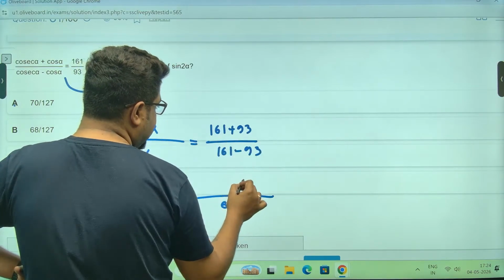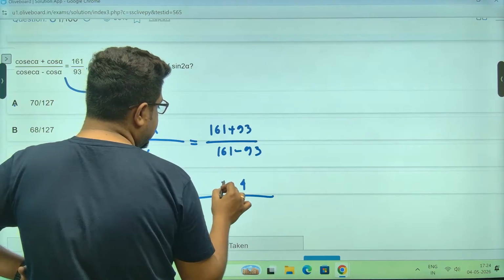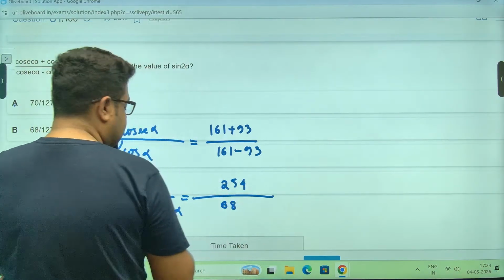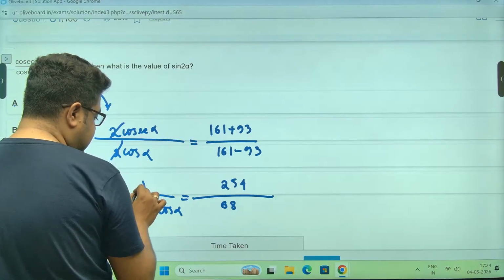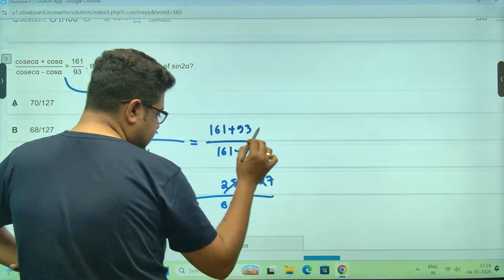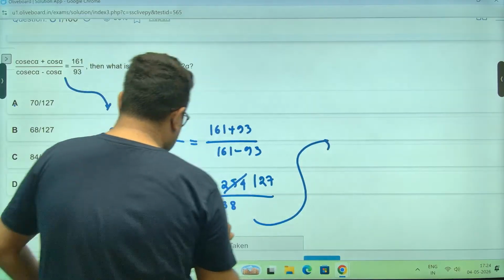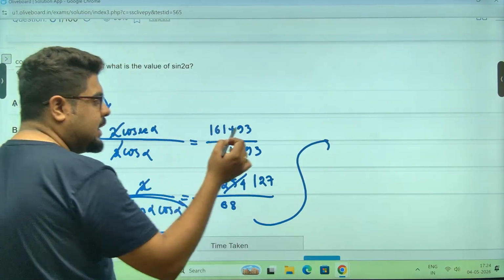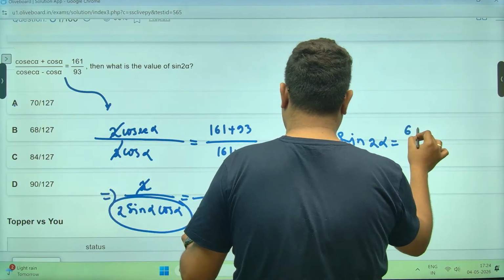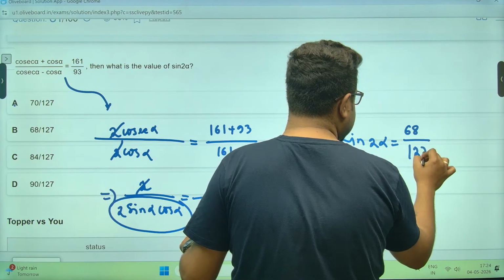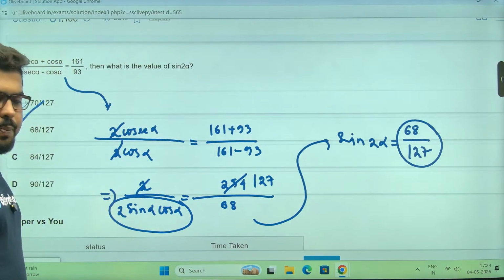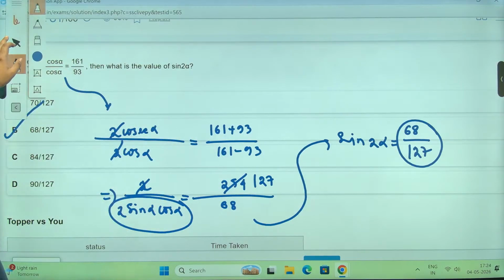Here, sir, 4 and 200 and 54. Acha, sir, let me say this. If I multiply 2 here and 2 here, this gets cancelled. I can write this as 2 sine alpha cos alpha. It is sine 2 alpha. That will be equal to 68 by 127. That was the formula. Option B is the answer. Option B is your correct answer, sir.